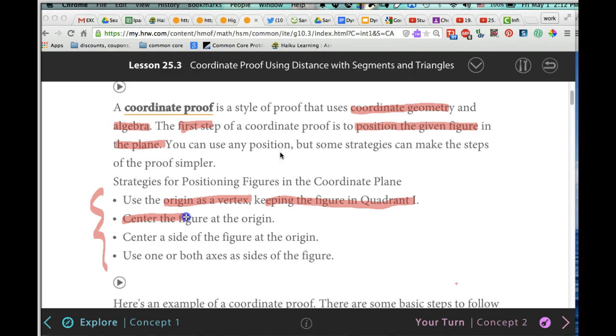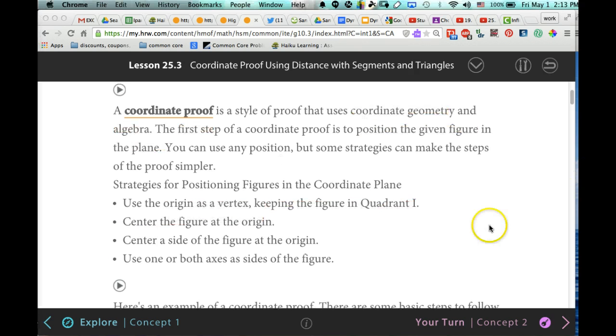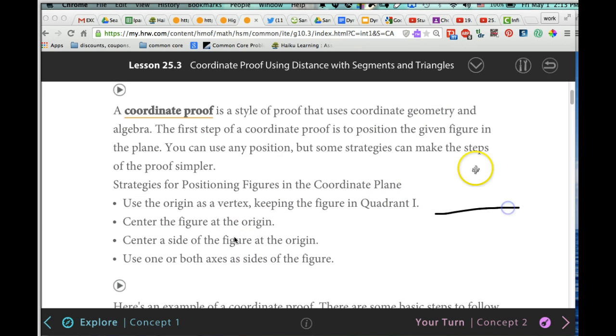And then another thing, center the figure at the origin, because sometimes you have a graph like this, and if you want to draw a triangle, it's really nice to have the center right here because it's easier for you to calculate stuff. All right? And then center a side of the figure at the origin. What that means is, if you have something like this, you can just make sure that you have a side like this.